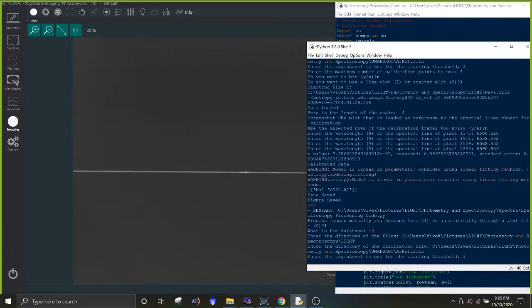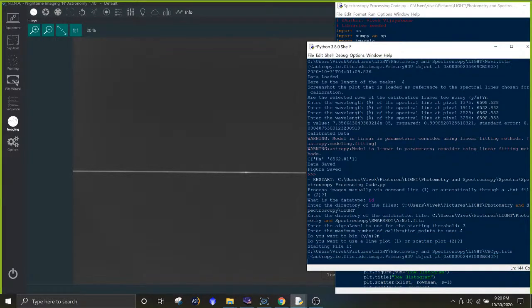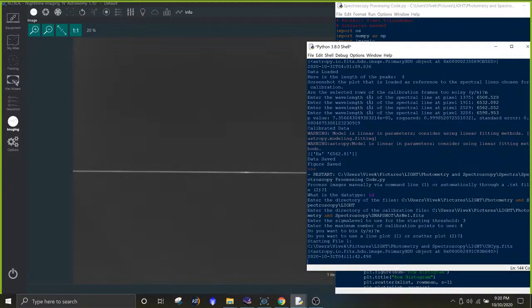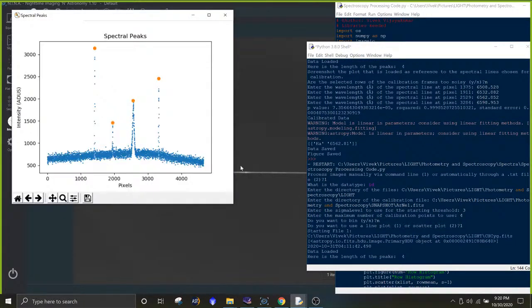Vivek is still running his script there, and hopefully we'll see something cool. In the capture program, we can see some interesting things going on, but they're not very clear yet.